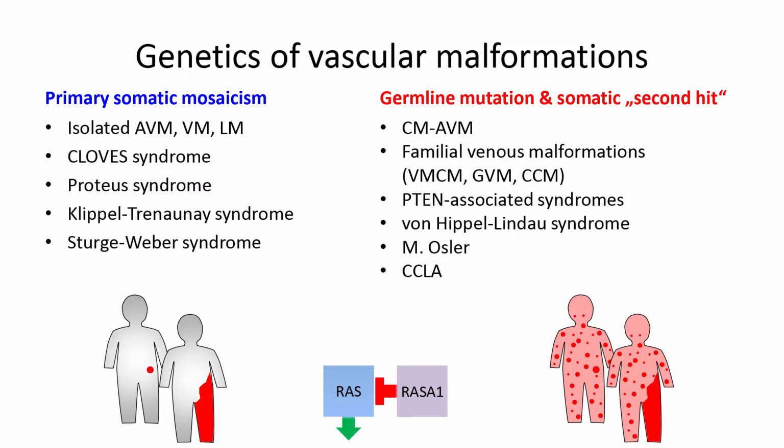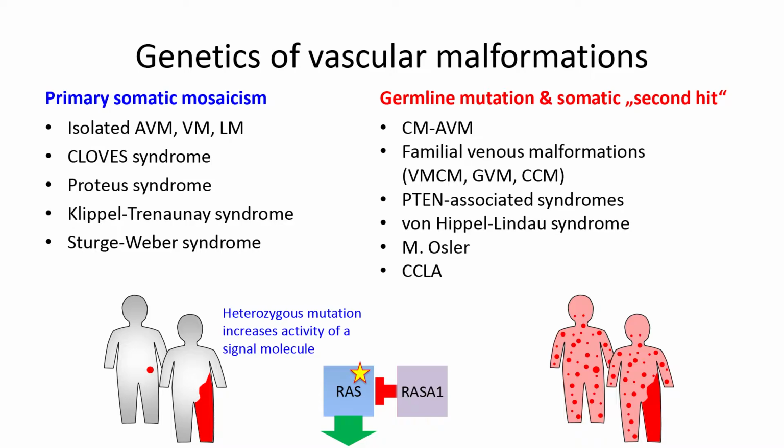In the case of primary somatic mosaicism, an activating mutation of a signaling molecule leads to an increased signal flow. Vascular malformations, however, may also occur with germline mutations and a somatic second hit.